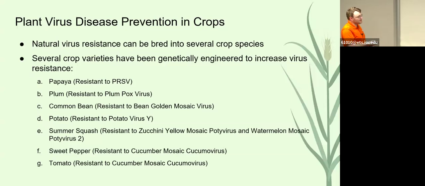So here are a bunch of different plant species that they have toyed with. Papaya, which I'm going to use as a specific example in a second. Plum, they made it resistant to plum pox virus, which I kind of want to get plum pox, just to say plum pox, right? And then you've got beans, potatoes.